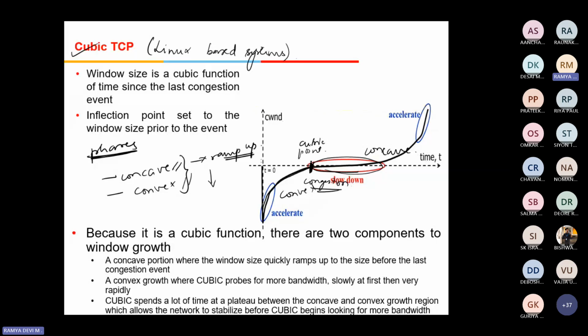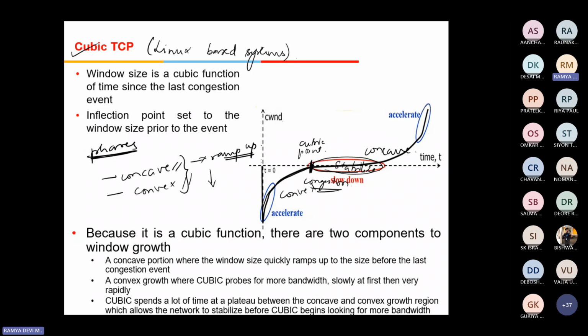Once it reaches the point, it slows down and also decreases the congestion window size. Okay. So for stabilizing, it will reduce the size. The congestion window size will be retained or maintained to avoid packet loss.